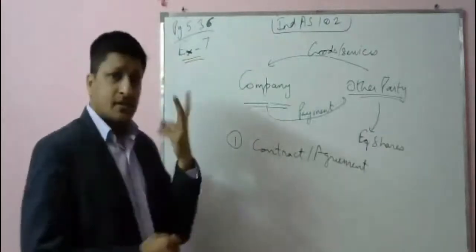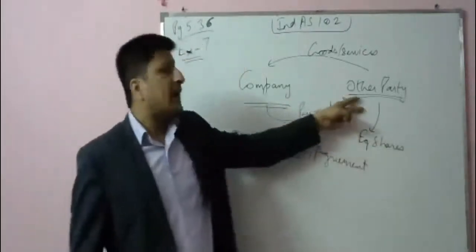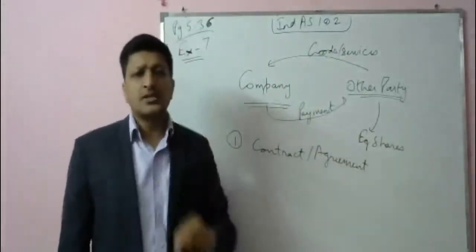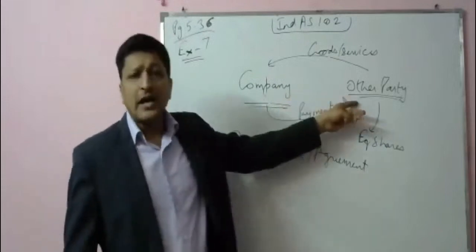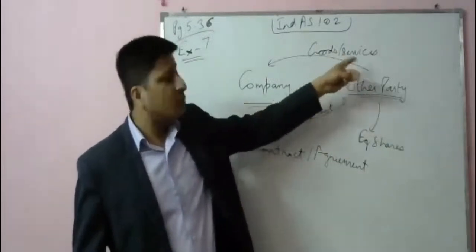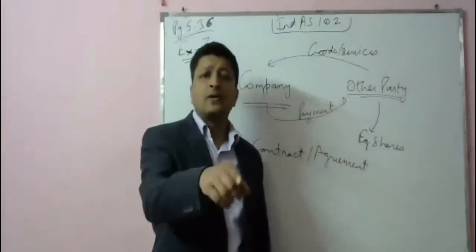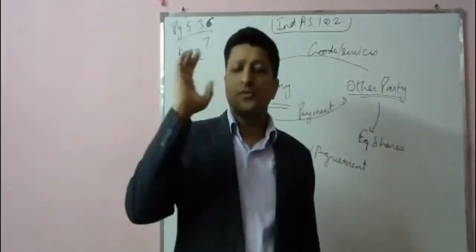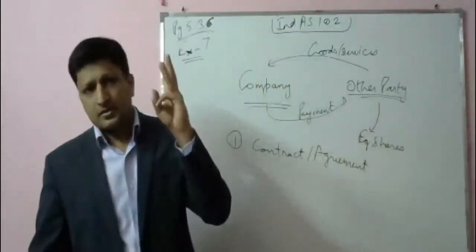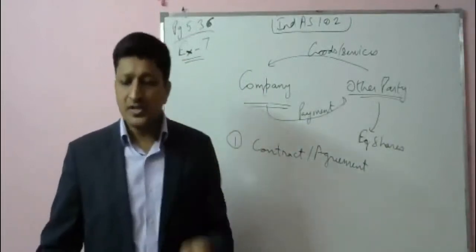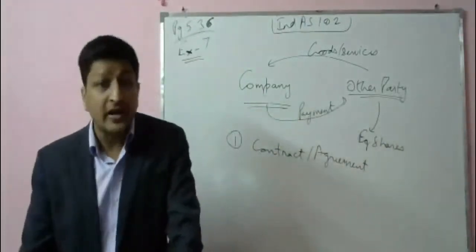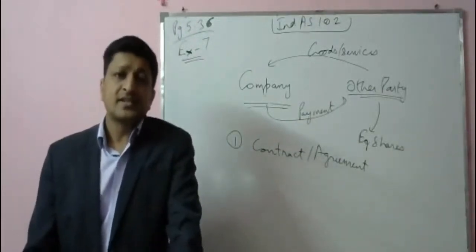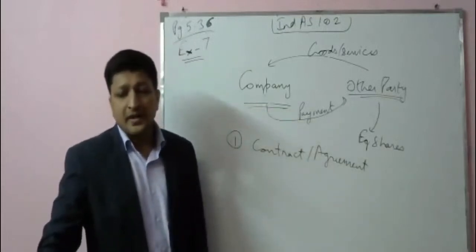Second condition, the other party provides goods or services to the company. Third condition, the company makes the payment to the other party in respect of those goods or services, and the payment could be in any form, but that payment has to be linked with the shares. Note down these three conditions. If these three conditions are fulfilled, then this is something which is a share-based payment arrangement.